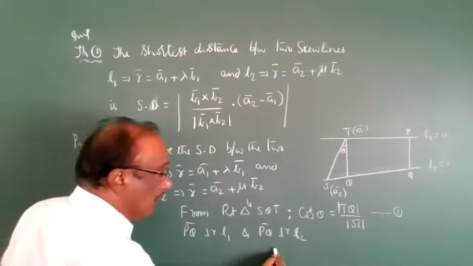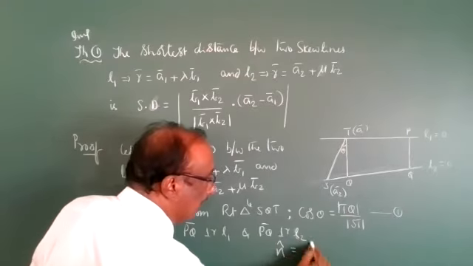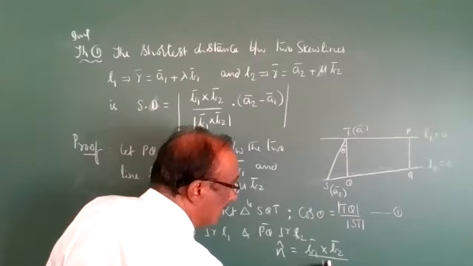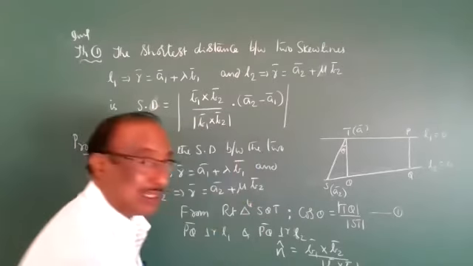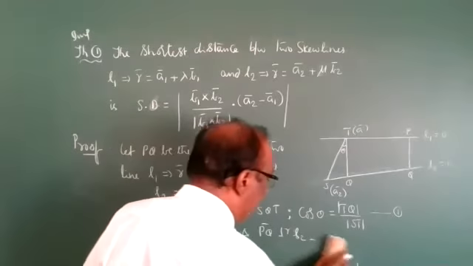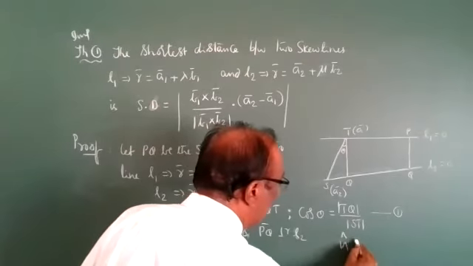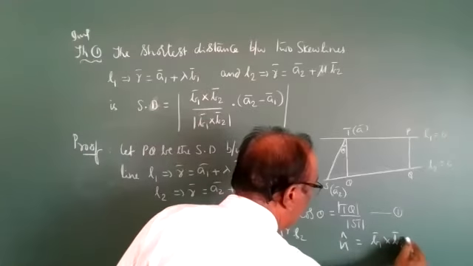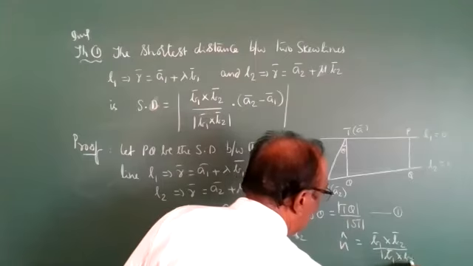Immediately you should write down the direction: n cap is equal to B1 bar cross B2 bar by modulus of B1 bar cross B2 bar.